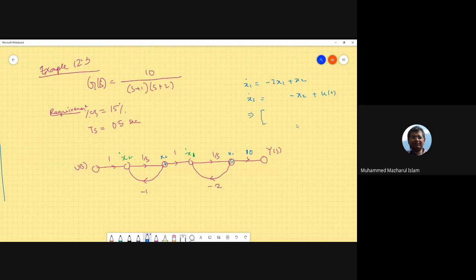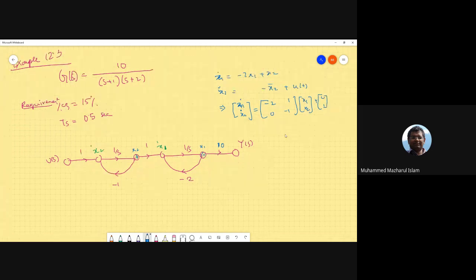So this implies that x1 dot, x2 dot equals [-2, 1; 0, -1] times [x1, x2] plus [0, 1] times u. These are not vectors, so you don't need bars.